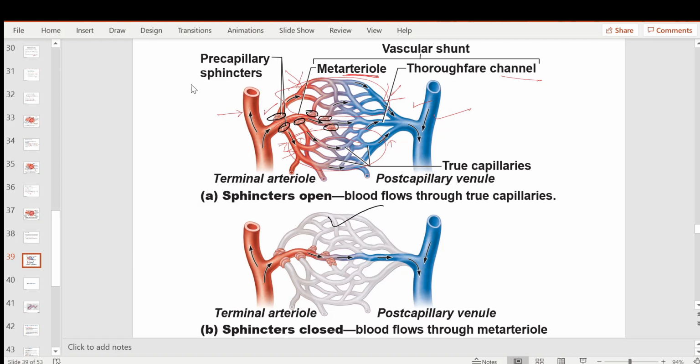So here you see the sphincters are dilated, sphincters are open, so a lot of blood is flowing in the capillary beds. Here sphincters are closed, so less blood is flowing into the capillary beds. Okay, so that's how the capillary bed is formed, and how the blood flow into the capillary is controlled.